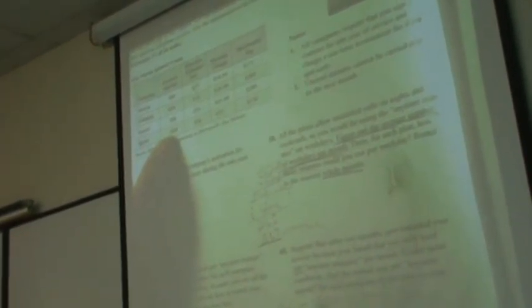Okay? And then number 40. Suppose that after 2 months, you canceled your service because you found that you only used 100 anytime minutes. So you didn't use all of the minutes that you needed. Under these conditions, find the actual cost per anytime minute for every company.